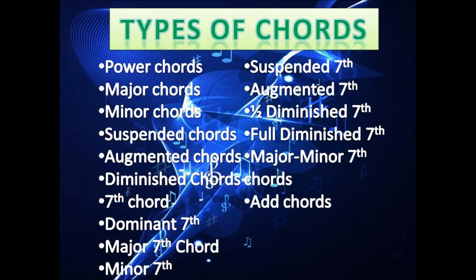These are all the possible chords that have developed over time, but our main focus will be on major, minor and seventh chords. Also the suspended, augmented and diminished chords.